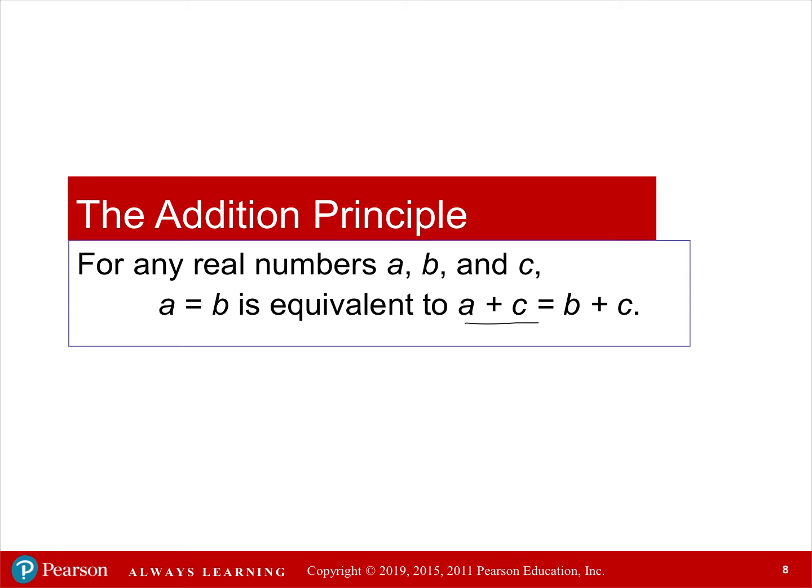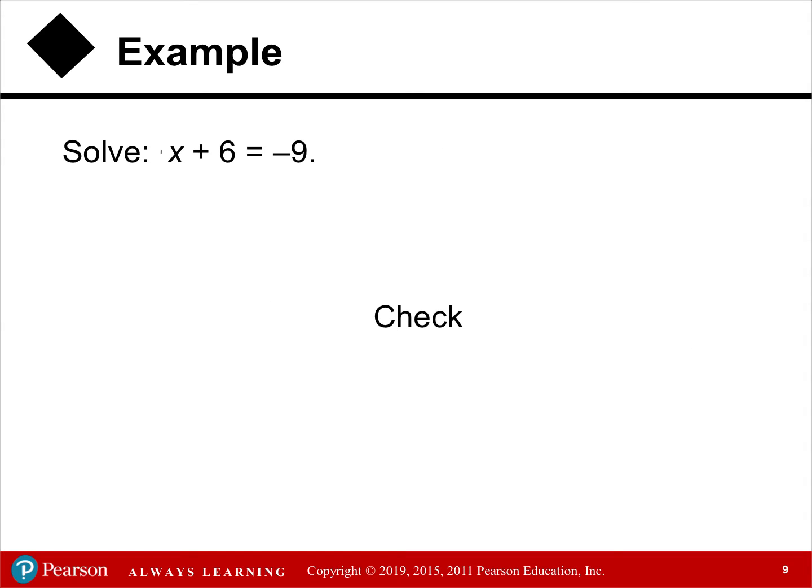This is just going to tell us how to solve. We looked at this in review, so it shouldn't be something new. We're going to try it here. This says x plus 6 equals negative 9. Our idea is to get x all by itself. So we look at what's on the side with it, which is adding 6, and we want to do the opposite of that.